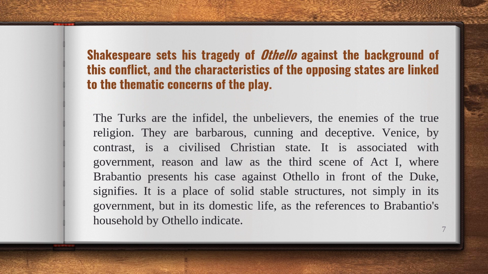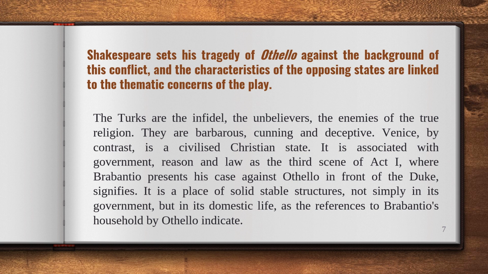Shakespeare sets his tragedy of Othello against the background of this conflict, and the characteristics of the opposing states are linked to the thematic concerns of the play. The Turks are the infidel, the unbelievers, the enemies of the true religion. They are barbarous, cunning, and deceptive. Venice, by contrast, is a civilized Christian state.